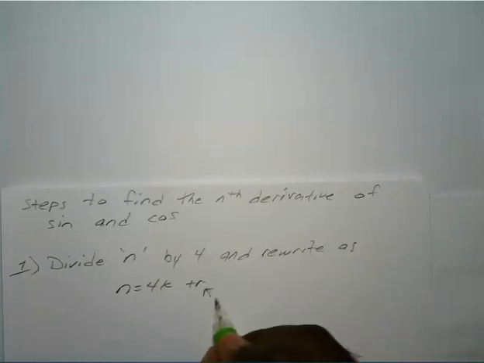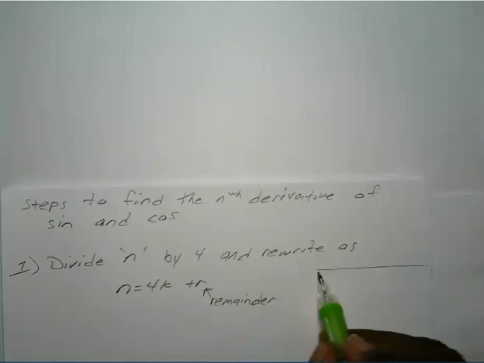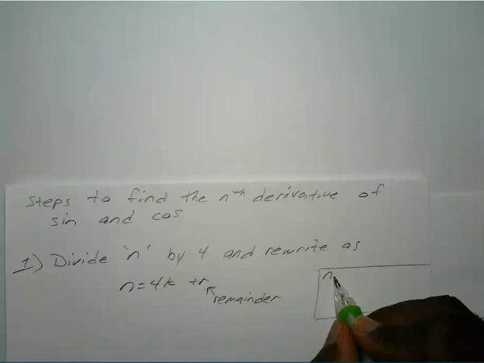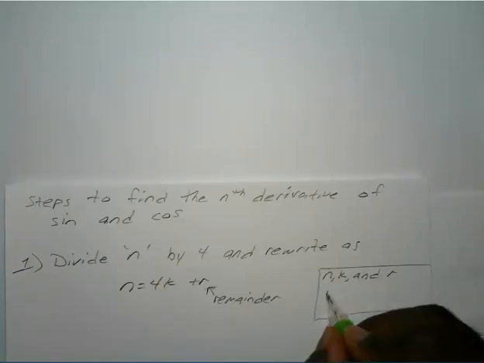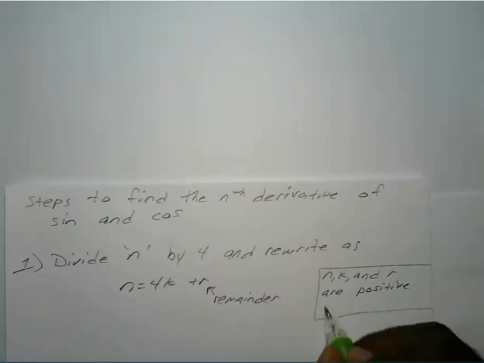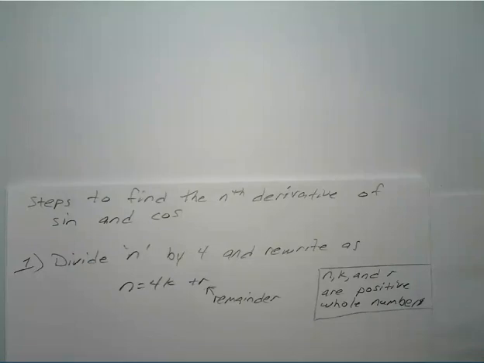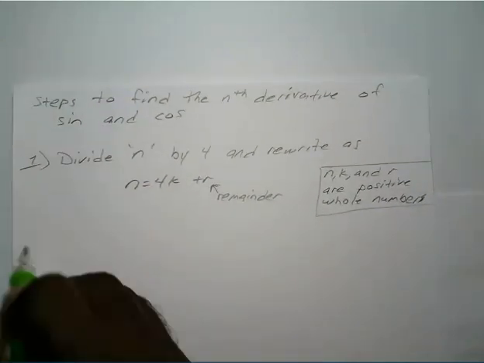And r is your remainder. Okay, so just like before, k and r are positive whole numbers. Alright, now your second step is you're going to rewrite it.